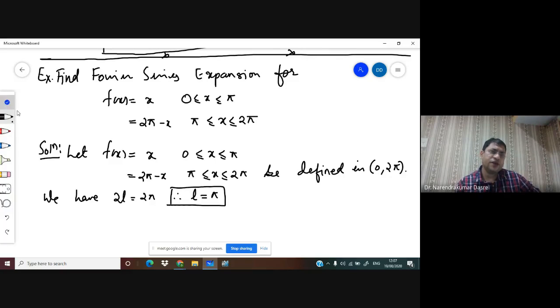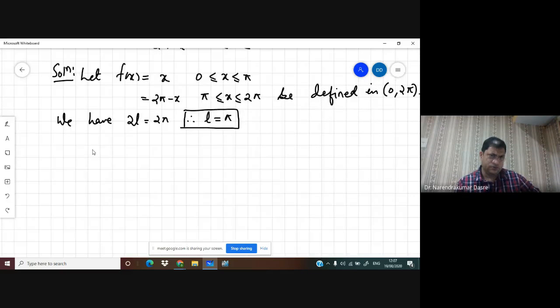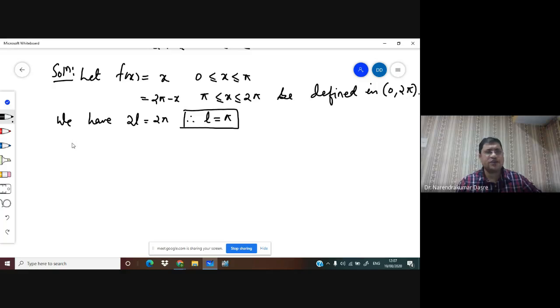Now we have the Fourier series expansion for this.